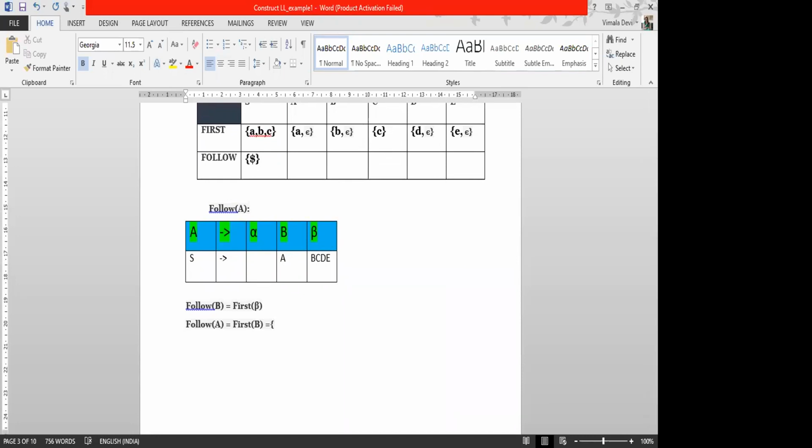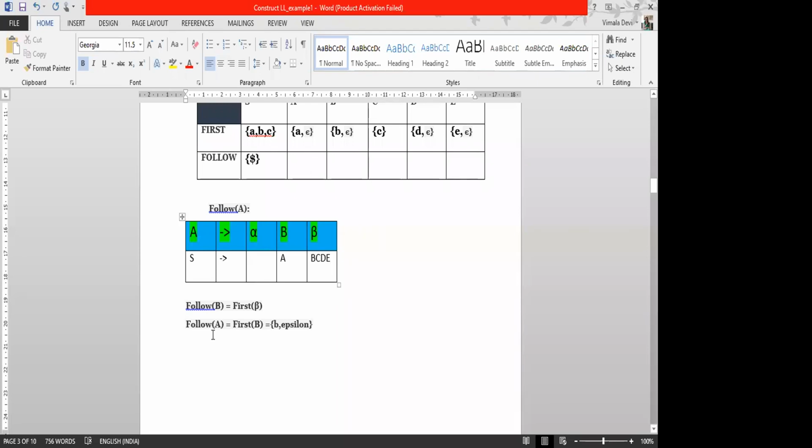So consider that b comma epsilon. Epsilon, I will write it as epsilon itself here. One point I would like to remind you here, the first set may contain epsilon, but the follow set should not contain epsilon. Epsilon never ever appears in the follow set of any symbol.